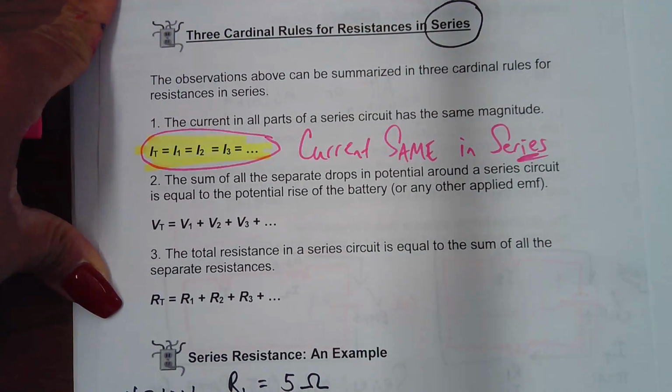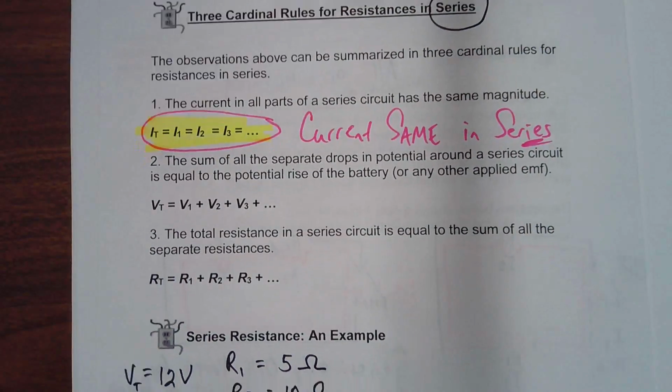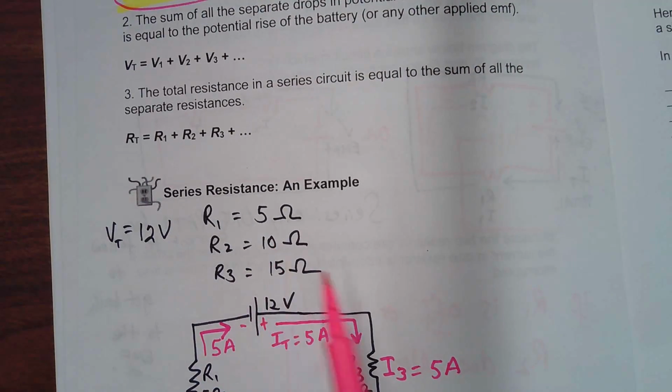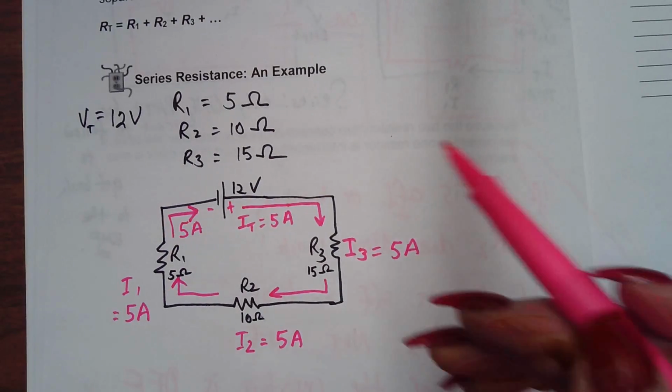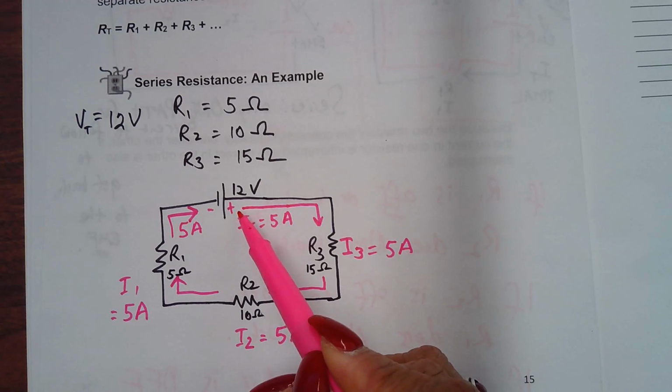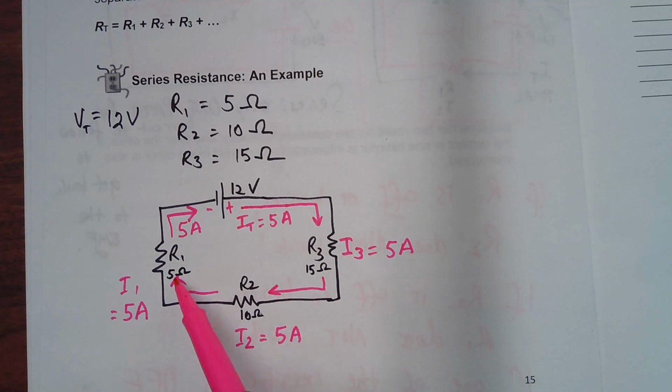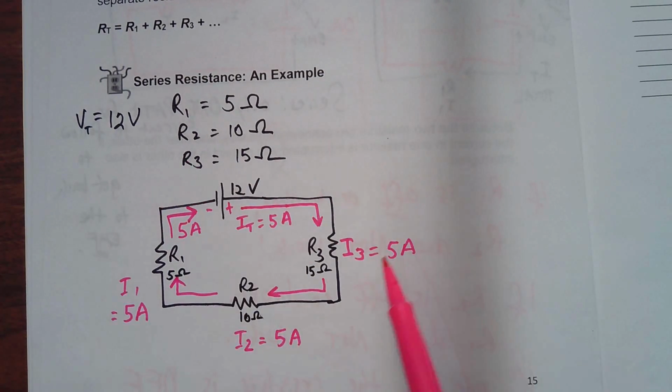In a series circuit, nothing changes. We don't even care whether we have 5 ohms, 10 ohms, or 15 ohms. They're resisting with different strength, but the amount of current remains the same. It will make more sense later on, but right now all you need to know is that you have this path, and it's just going through in a loop.